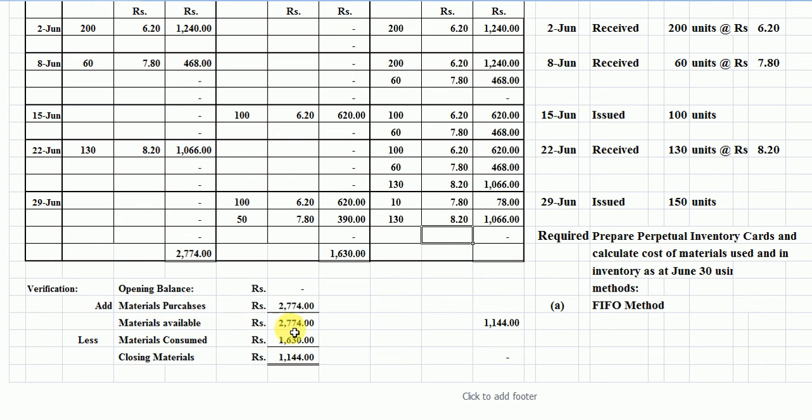The material consumed is 1,630 rupees here. The balance is 1,144 rupees. The sum of our balancing stock is also 1,144 rupees. Students, it means that we have solved this question correctly. Students, this is the first method, the FIFO method.